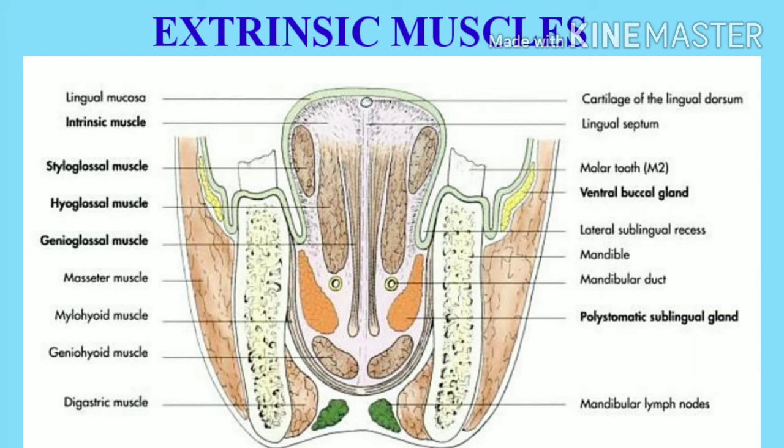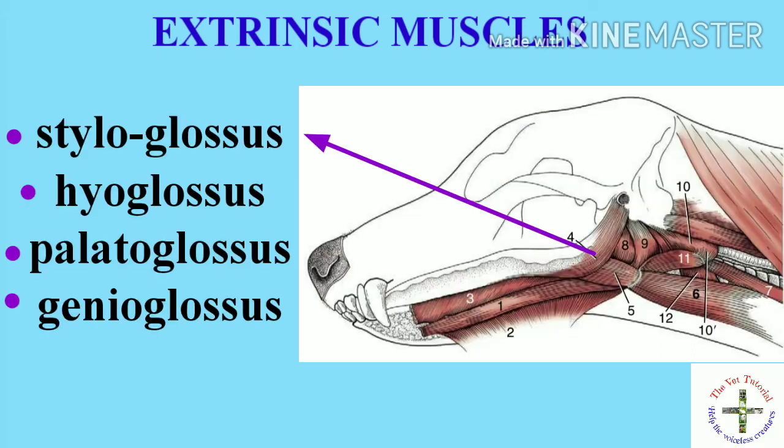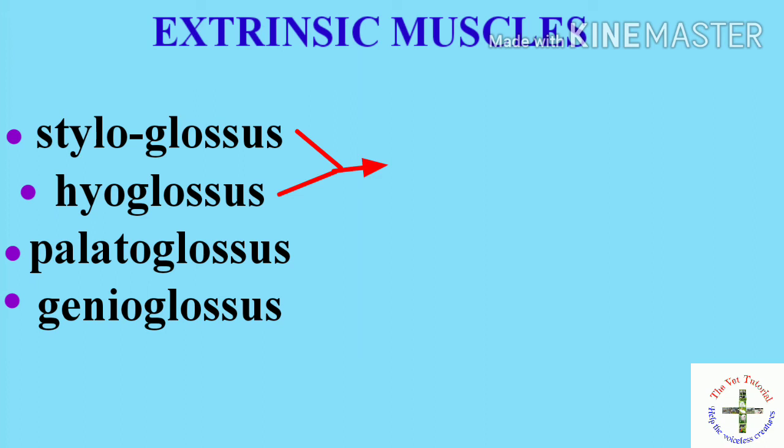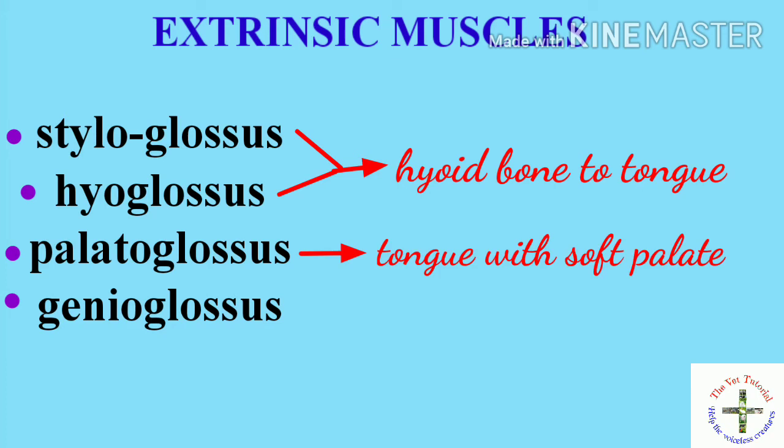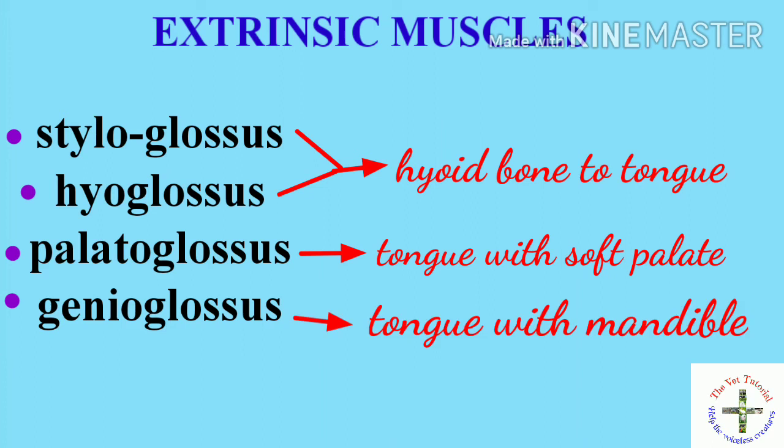Extrinsic muscles are also skeletal and have attachment outside the tongue. They are styloglossal, hyoglossal, palatoglossal and genioglossal. The styloglossal and hyoglossal extend from hyoid bone to the tongue, and the palatoglossals connect the tongue with the soft palate, and lastly genioglossus attaches the tongue with the mandible.